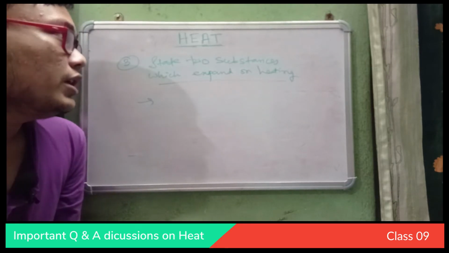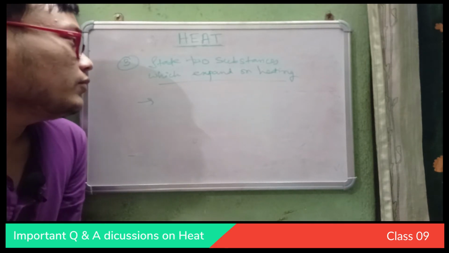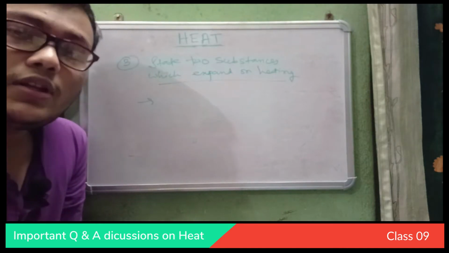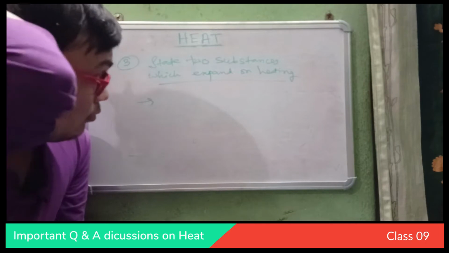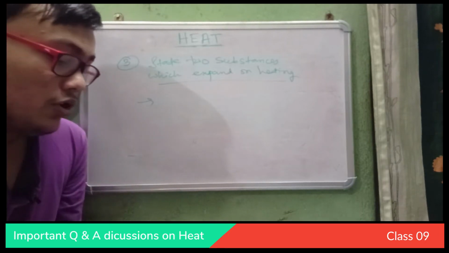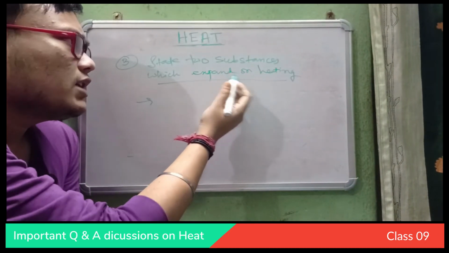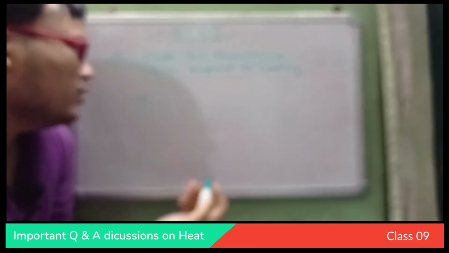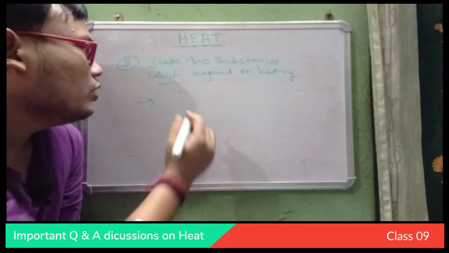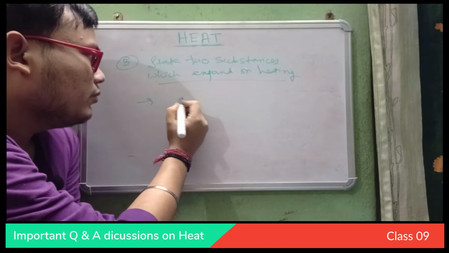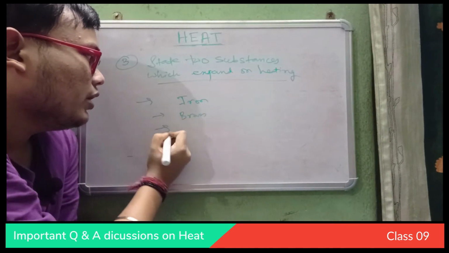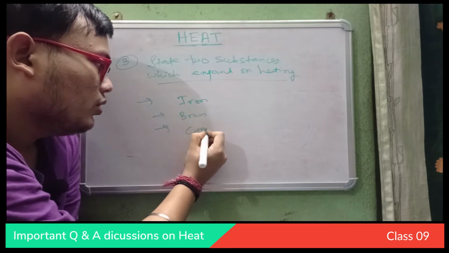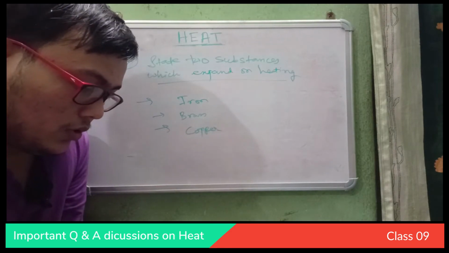Substances expand on heating unless, we know that few substances like water and silica exhibit anomalous expansion, so they contract on heating, but normally substances expand on heating. So you can write any metals, like metals expand on heat, right? So you can write any metal name like iron, brass, copper, anything you can write.